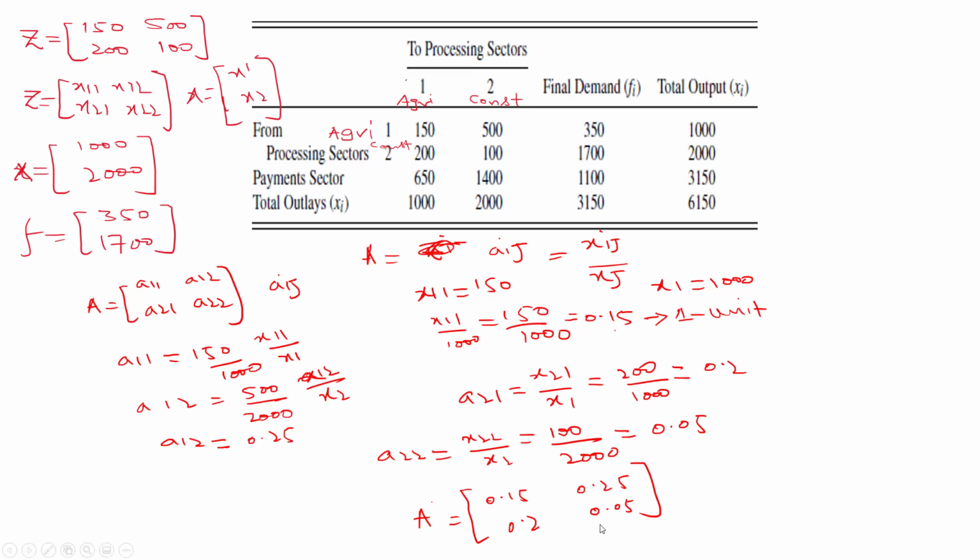This is also called the direct input coefficient matrix. In trivial algebra, it presents the operational form in which the technical coefficients are used in input-output analysis.